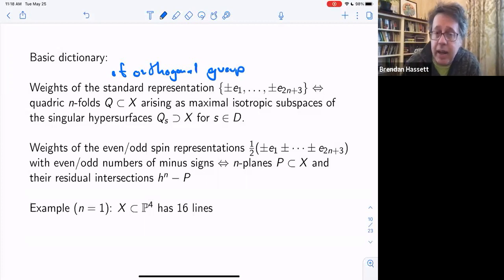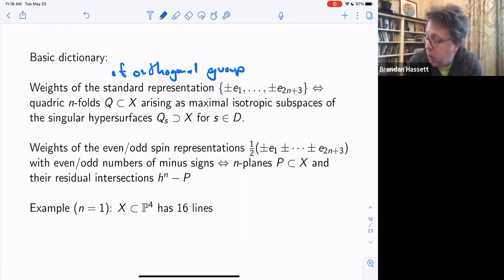The Dn root system corresponds to representations of an even dimensional orthogonal group. In this identification, the weights of the standard representation correspond to the images of quadric n-folds, Q in X, that arise from maximal isotropic subspaces of these singular quadric hypersurfaces I described before.